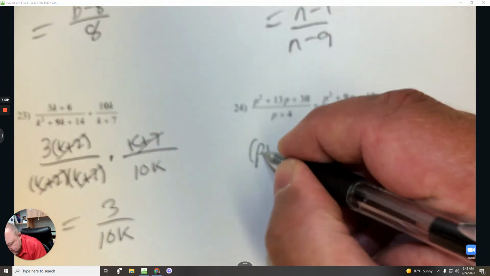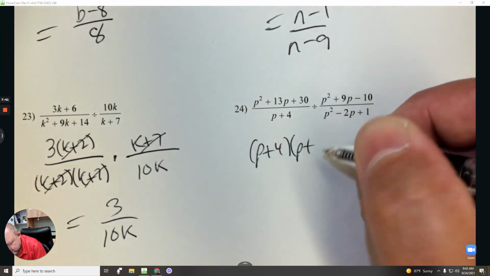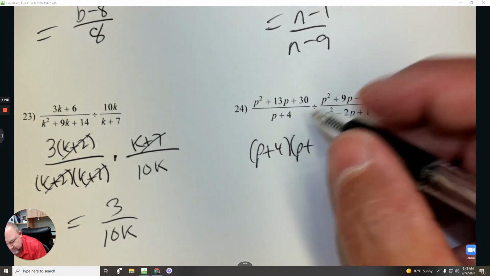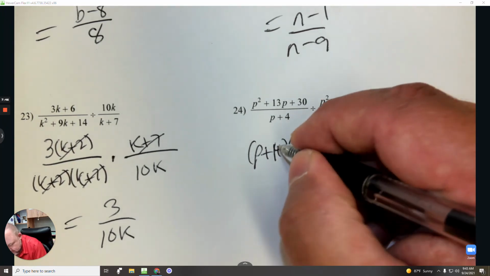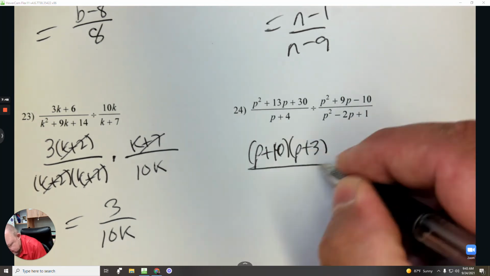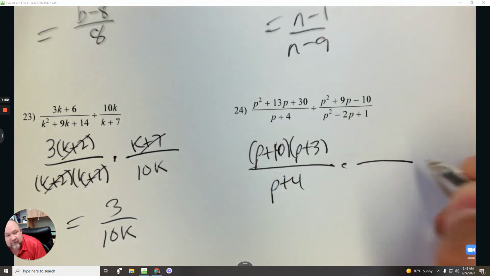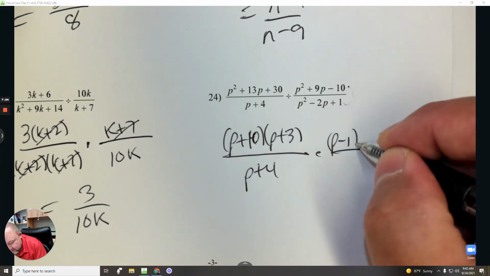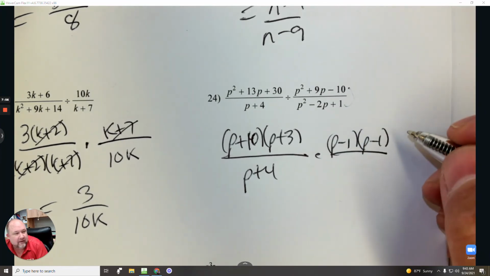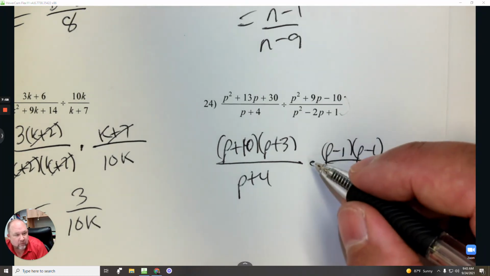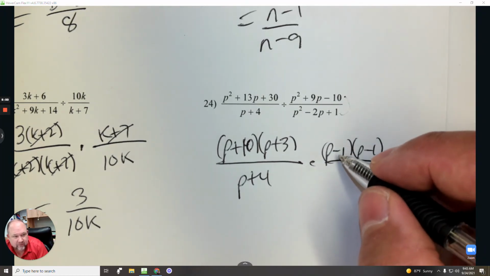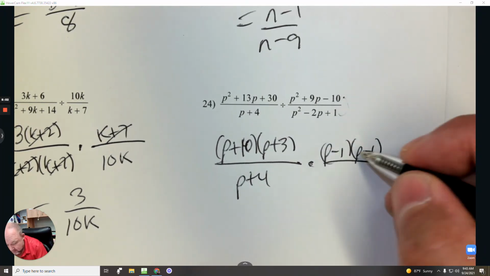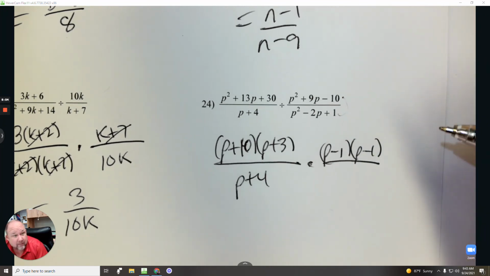We're going to factor. Oh, what are the numbers? 10 and 3. What am I doing? I can do it. Then do the reciprocal, and I'm going to factor. So as I do that, now in this case you could write it as p minus 1 squared, but because we're removing factors, it's better to expand it and not write it as squared, so you eliminate properly.